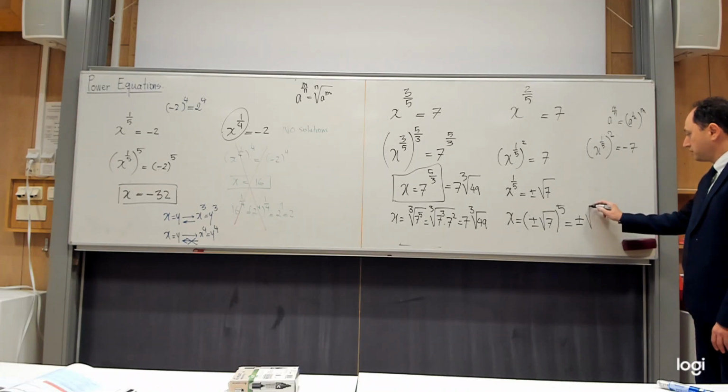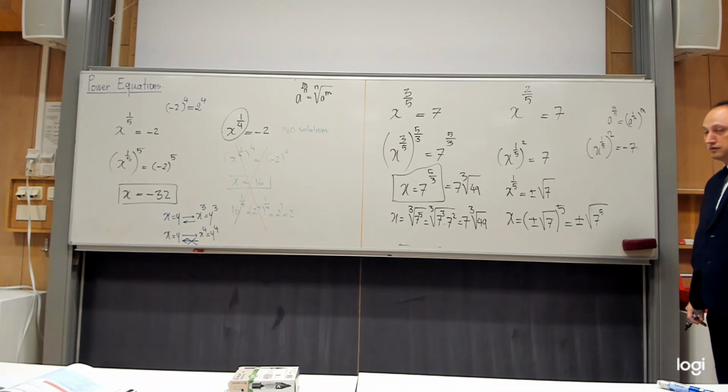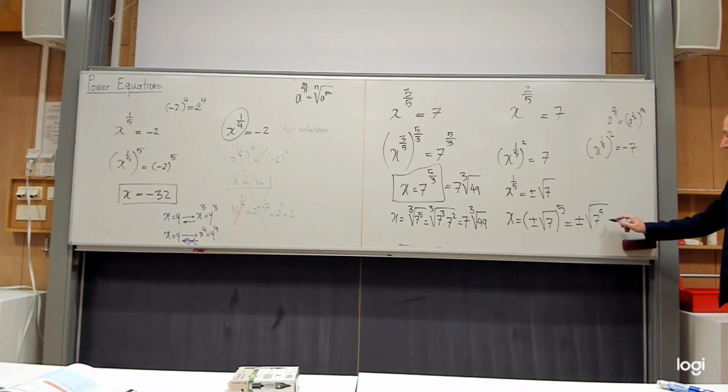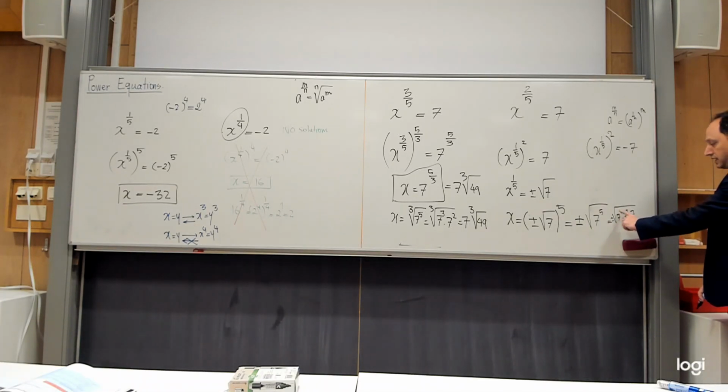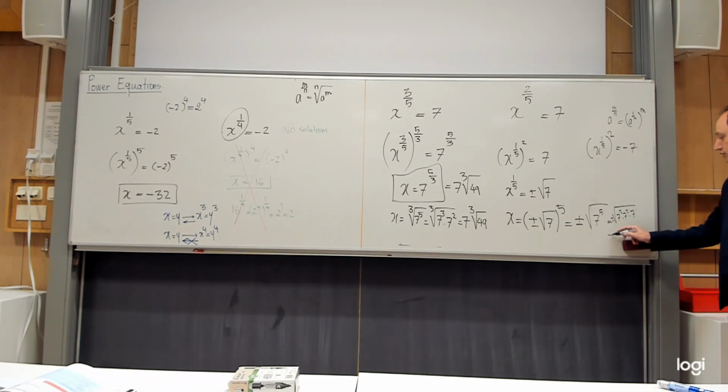And then this becomes the second root of 7 to power 5. And if I want to simplify that, how should I do that? I would write it as 7 to power 2, 7 to power 2 times 7. This 7 and that 7 can go out, so 7 times 7 is 49. And then I have a square root of 7.